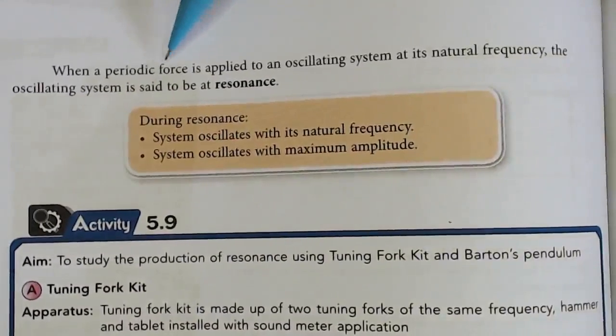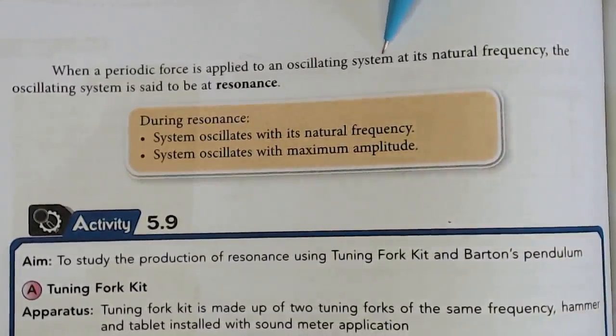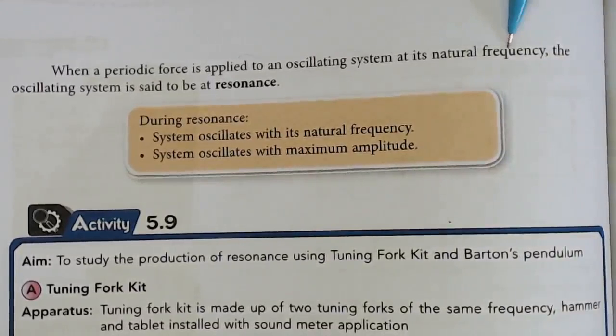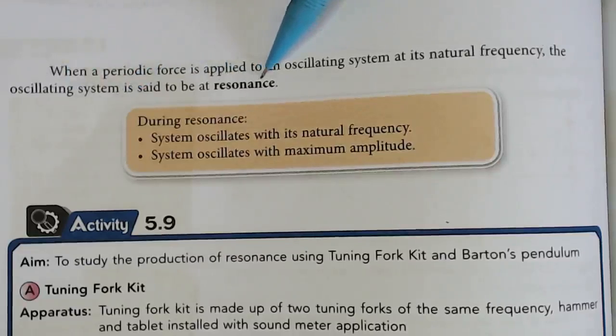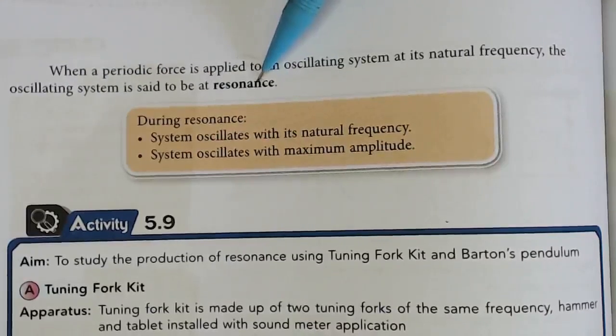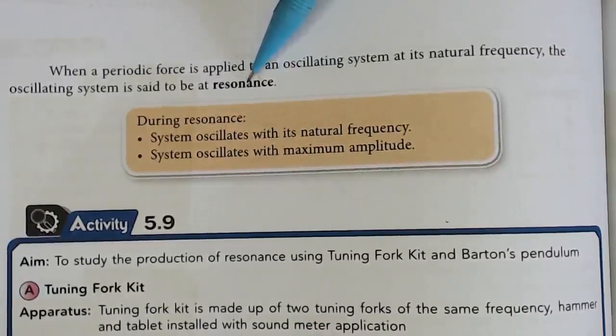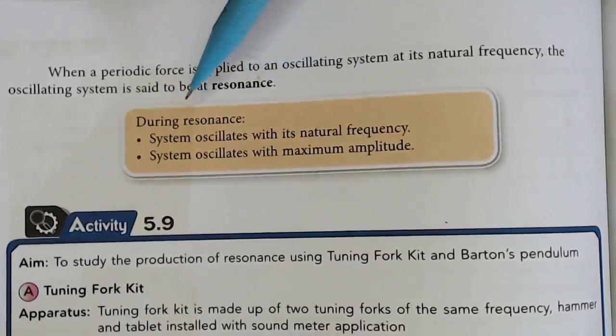When a periodic force is applied to an oscillating system at its natural frequency, the oscillating system is said to be at resonance. Now you come to know the second thing that you're supposed to know. Before, you needed to know about damping, and now you do know about resonance.